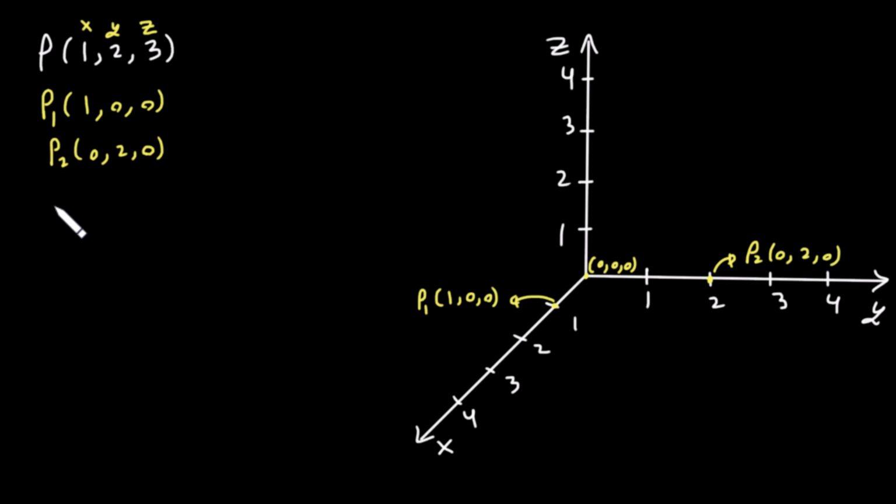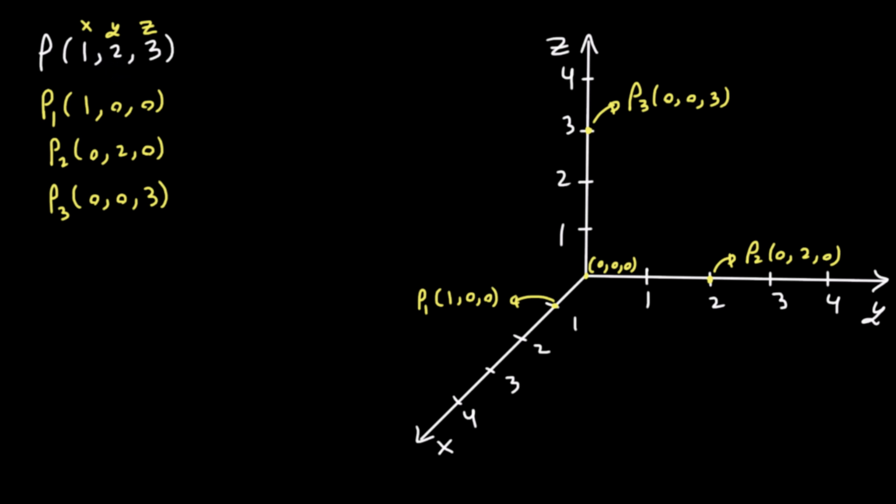Let's plot the third point, P3, (0, 0, 3), to make it easy. From the origin, we go just 3 units up. 1, 2, 3, which is here. This point is P3, (0, 0, 3).